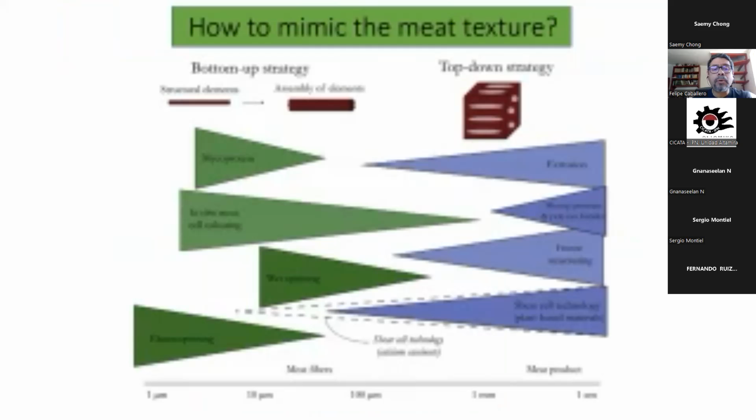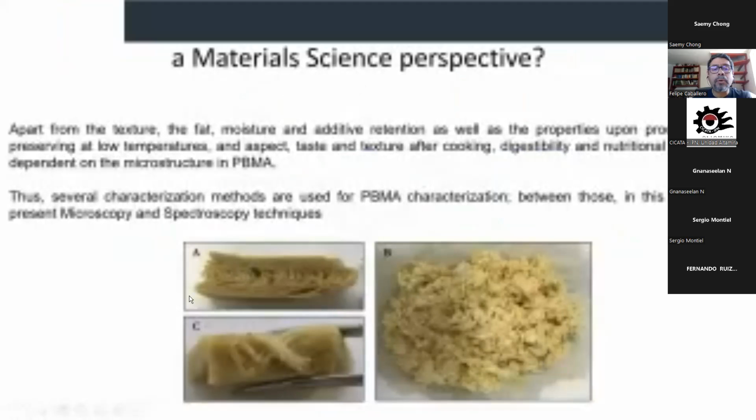So this is how the final products look. You see, this is laboratory extruded and shear cell processed meat. It has the typical fibrous structure of chicken meat, pork meat, beef meat.